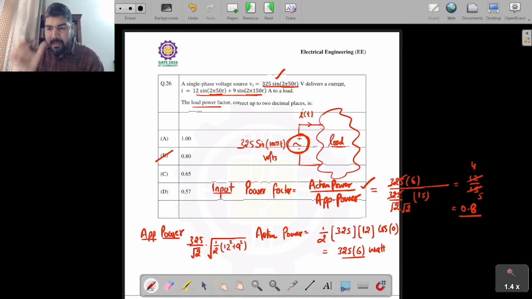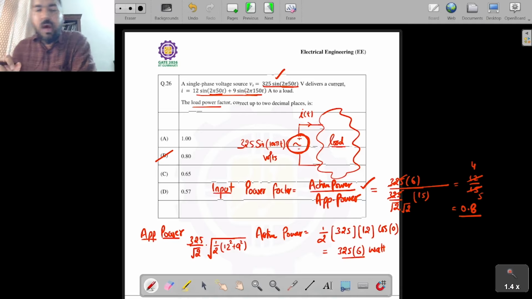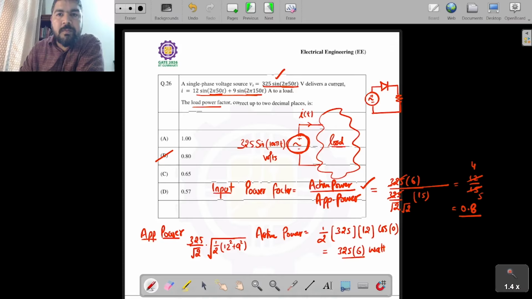But there is a confusion in this problem. The confusion is we don't know how the load is connected to the source, because if you remember, let's say there is a half wave rectifier. Okay, let's say we have a circuit like this. So we have a resistive load and we have this source.